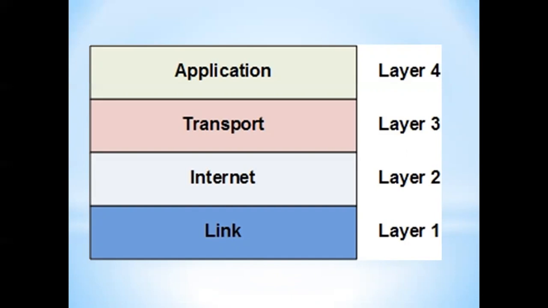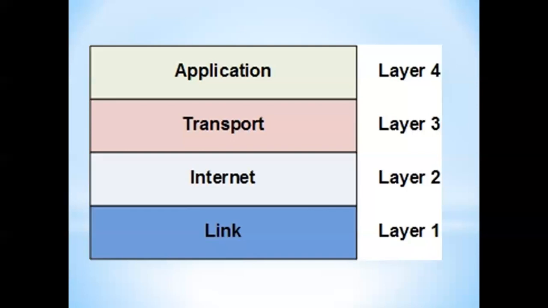The internet layer defines a packet format and the protocol called Internet Protocol, that is your IP. The internet layer is supposed to deliver the IP packets to their destination. So the routing of the packets and congestion control are important issues related to this. Hence the TCP/IP internet layer is very similar to the network layer in the OSI model.